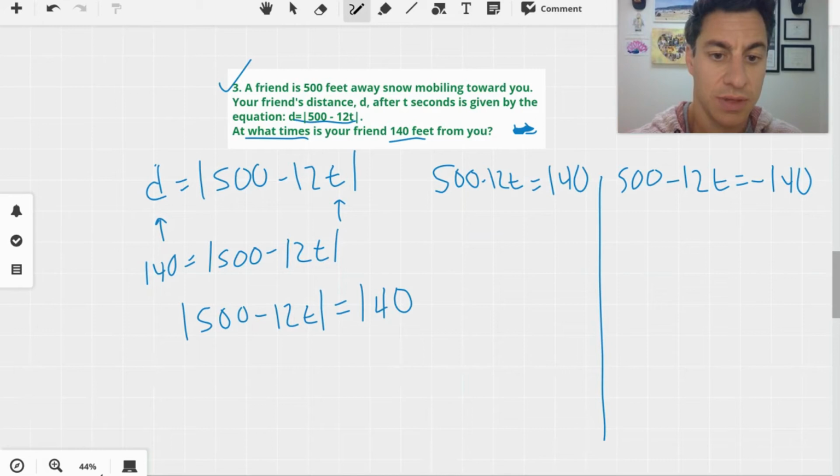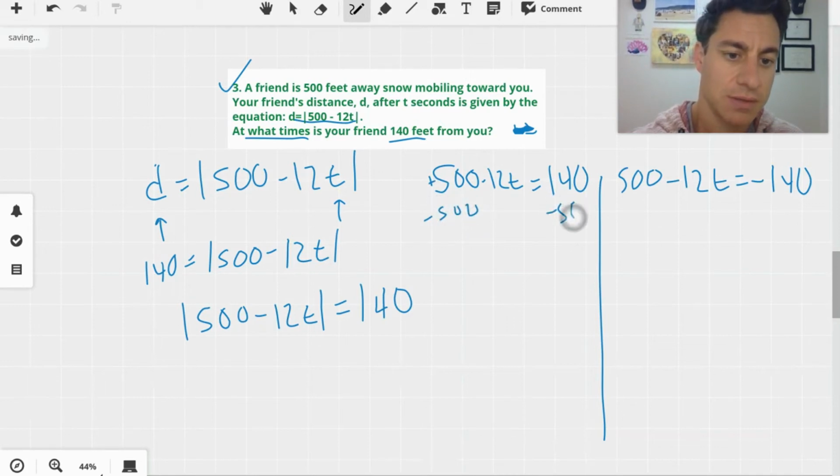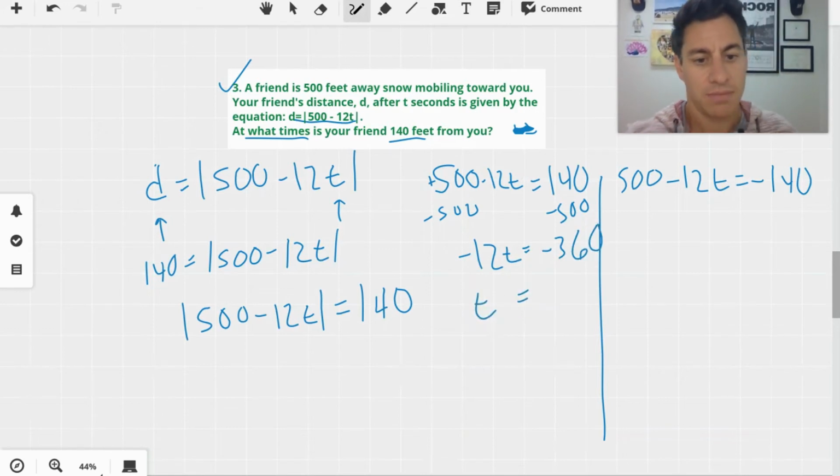We start with the left side. This 500 is a positive 500, so we're going to subtract it away from both sides. And we're going to get negative 12t equals negative 360. T equals, if I divide both sides by negative 12, 360 divided by 12, 30.